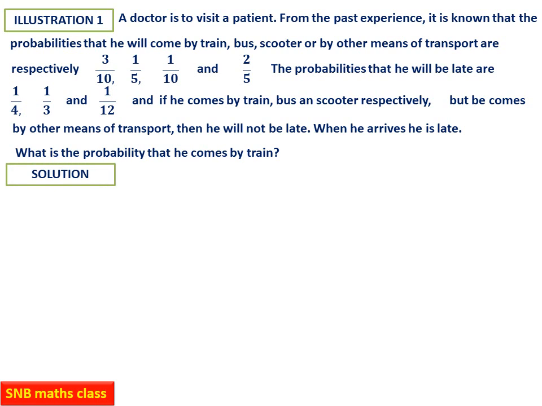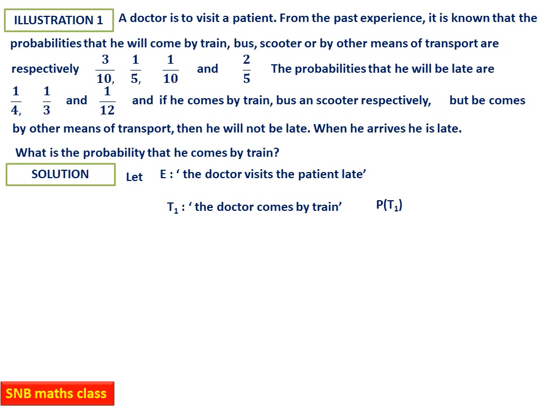So let us solve them. In any such question, please note, if you define the events carefully, 90% of the problem is solved. That is just then applying the Bayes theorem formula. So let E be the event: the doctor visits the patient late. Now T1 is the doctor comes by train, and the probability of T1 is given already, 3 by 10.